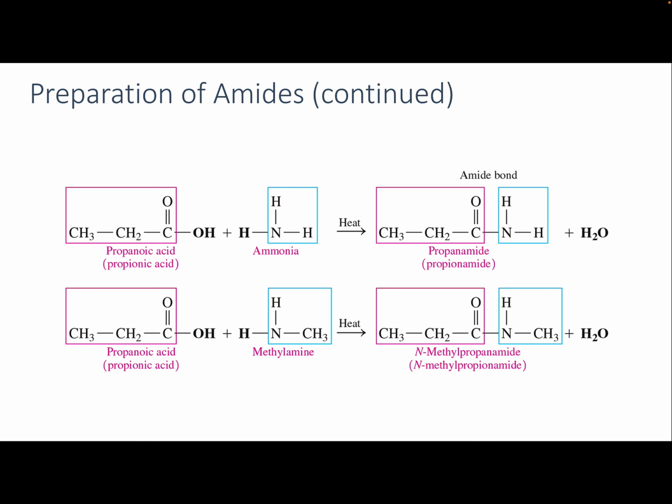Let's look at a reaction so you can see how it happens. What we're going to keep from our carboxylic acid, of course, is everything without the OH on it. And then we're just going to remove one of the H's from our primary or secondary amine and add that carbon to the nitrogen. Now, this works with primary and secondary amines, but not with tertiary amines, because tertiary amines don't have any hydrogens to remove.